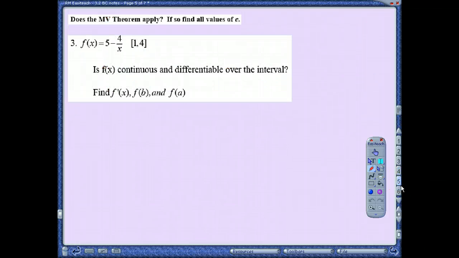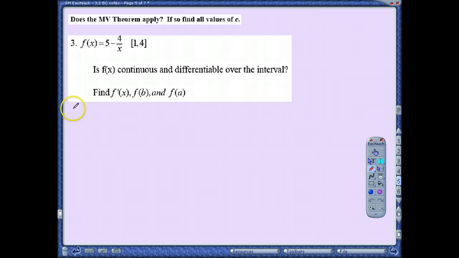So does the mean value theorem apply? If so, find all the values of c. First thing we check, is it continuous and differentiable on our interval? Okay, well, we do have a problem when x is equal to 0, but that's not during our interval.